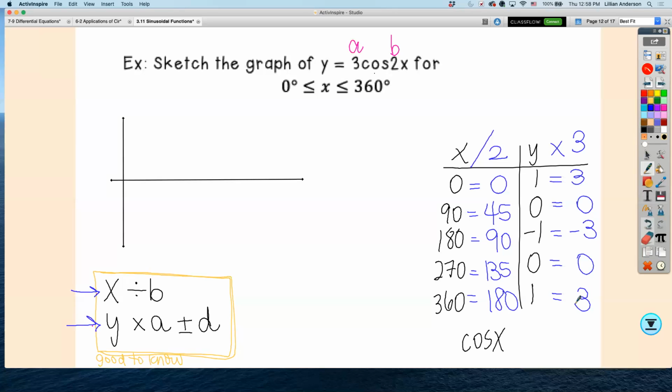So what you see in blue are the points that we need to plot for cosine 2x. 0, 3. 45, 0. 90, -3. 135, 0. 180, 3.